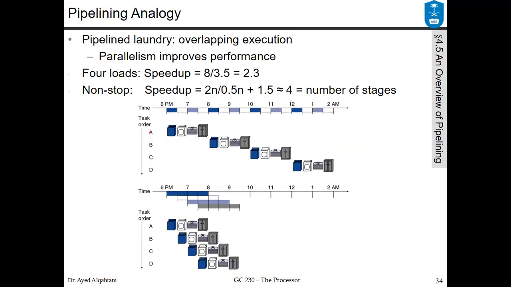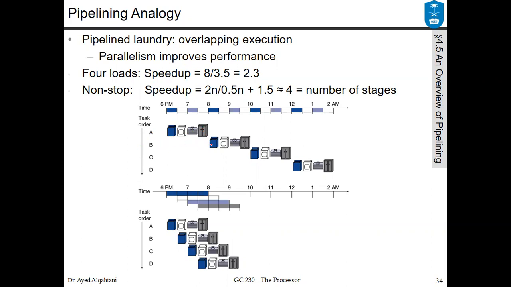So if you don't share the resources, load A will hold every step. It will hold the washer, the dryer, the folding bench, and the drawer. It will hold all the resources for itself, and nobody can use any of them until A completely finish.